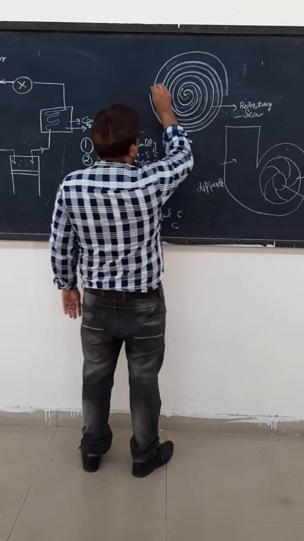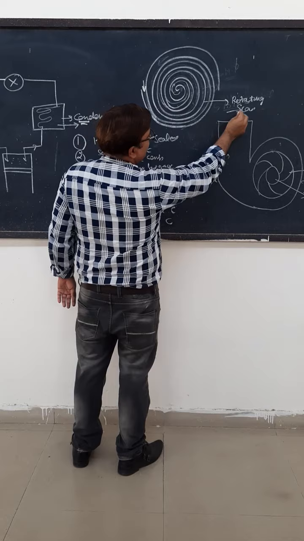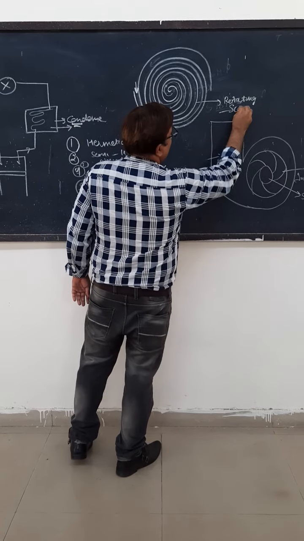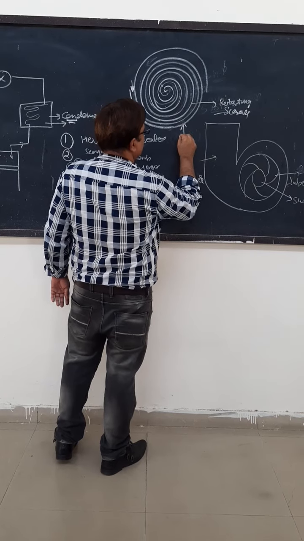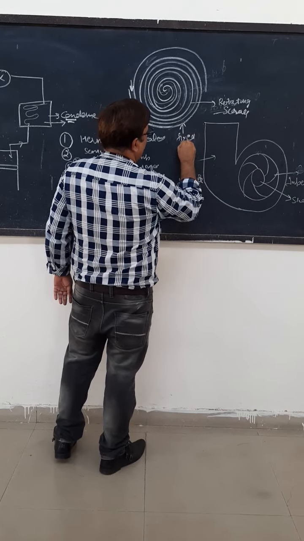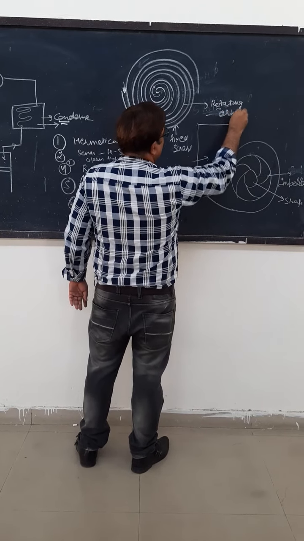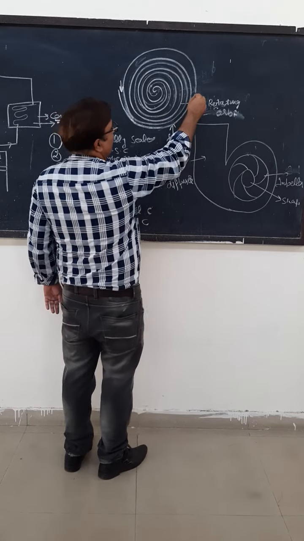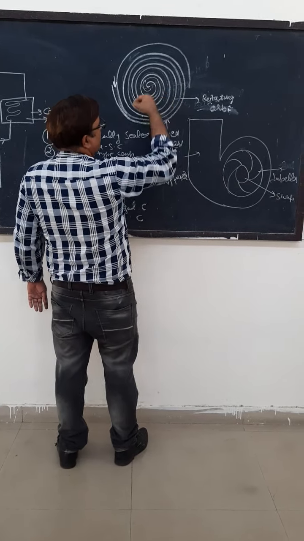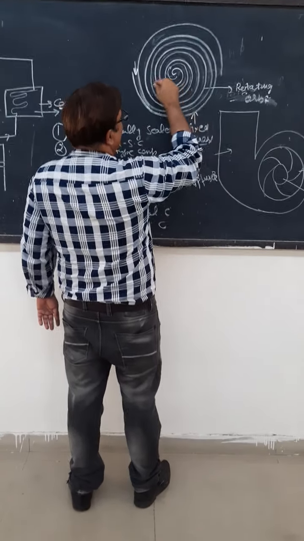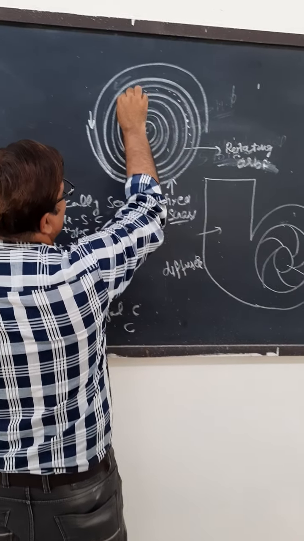So in this case, look at here, your refrigerant will enter from this side. One is your rotating scroll, and another one is your fixed scroll. So this one is your fixed scroll. This rotating orbit, when rotating inside the fixed scroll, will compress the charge which is coming inside, and it will continuously rotate in the orbit and compress the charge present between the fixed and rotating scroll.